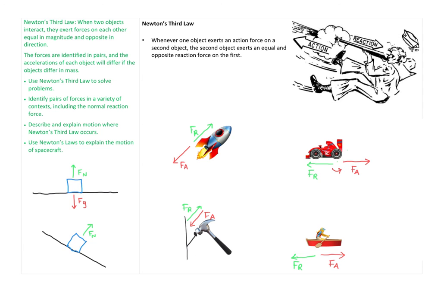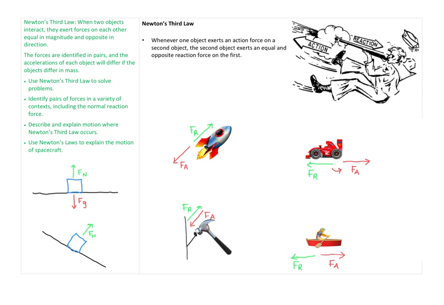So I think with Newton's third law, to solve problems, well, we've talked about how we interpret that, and then we would apply that using Newton's first and second laws or the equations of motion, which we've already done. We've identified force pairs, including the normal reaction. We've described and explained motion where the third law occurs.